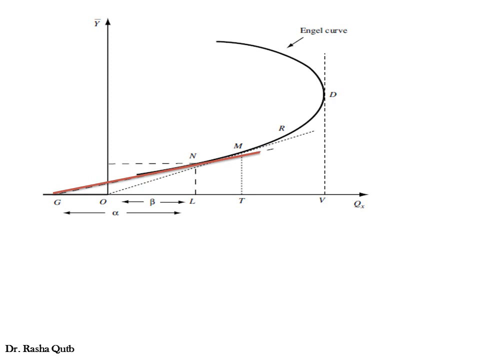Applying the previous rule, the value of income elasticity of demand at point N could be measured as the distance between the perpendicular and the tangent point, GL, over the distance between the perpendicular and the origin, which is OL. In this case, we find that the value of income elasticity of demand is greater than 1. So we conclude that when the tangent to the Engel curve intersects the x-axis at the negative side, the income elasticity of demand tends to be greater than 1.